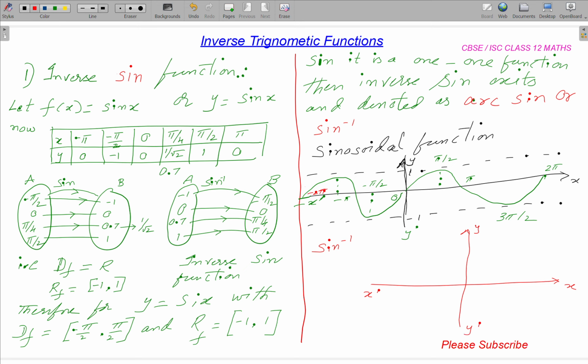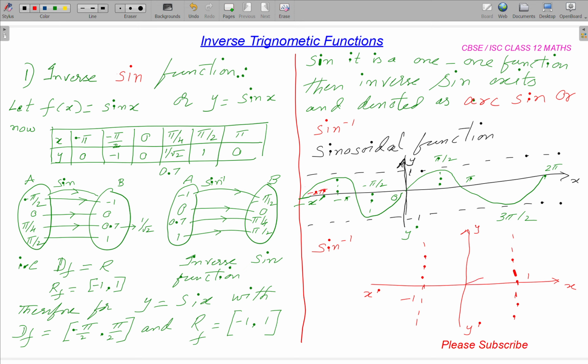Now the values lie between minus 1 to plus 1. This is 1, this is minus 1.